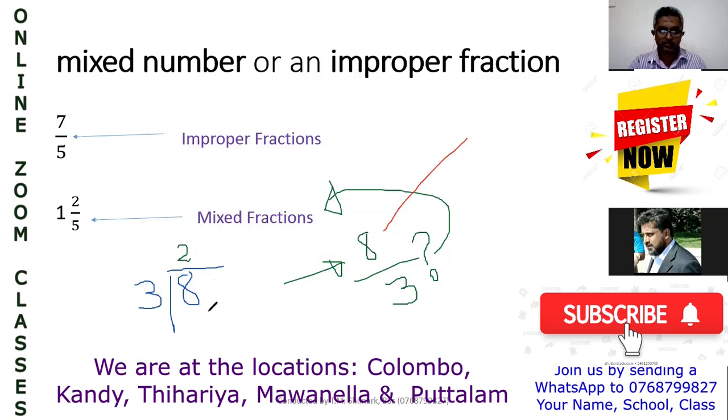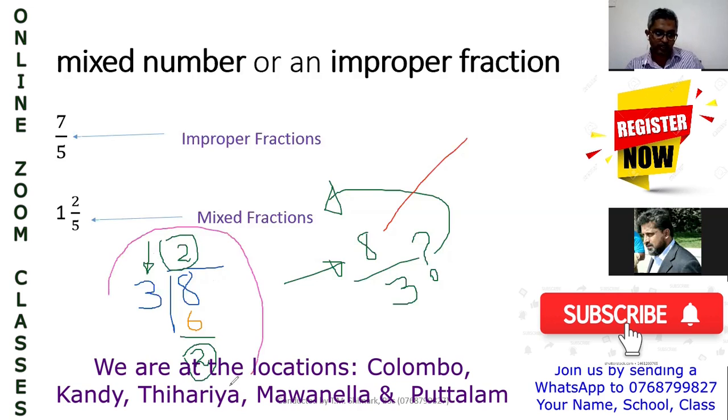The answer is going to be 8 minus 6 is 2. This we call the remainder. This is the quotient. This is the number that we use for dividing. Now, how am I going to write this one? I want to put it this way, right?